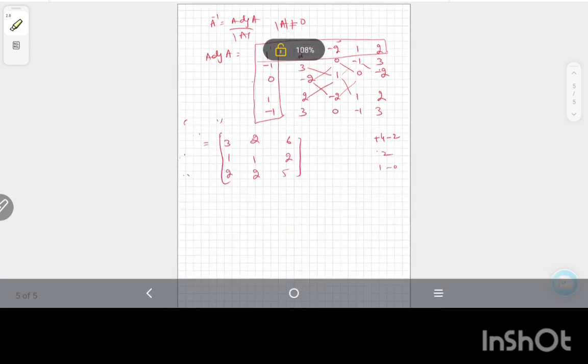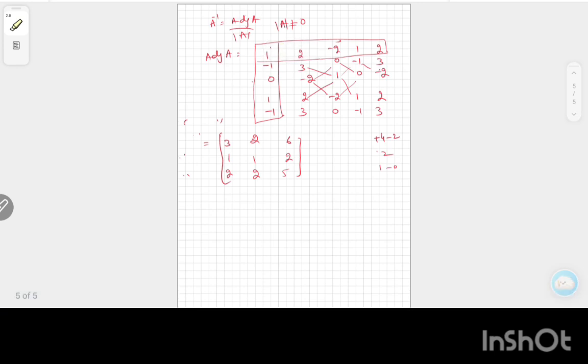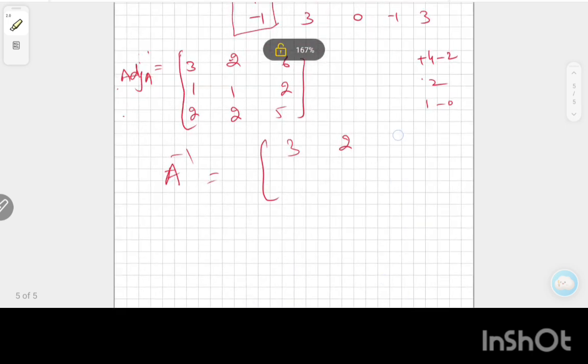Okay, now by using all these values, this is our adjoint of A. So the inverse is adjoint divided by determinant: 3 2 6, 1 1 2, 2 2 5. And what do we have for the A determinant?